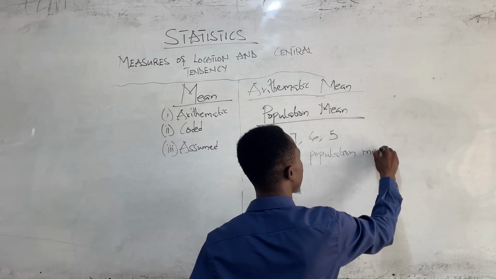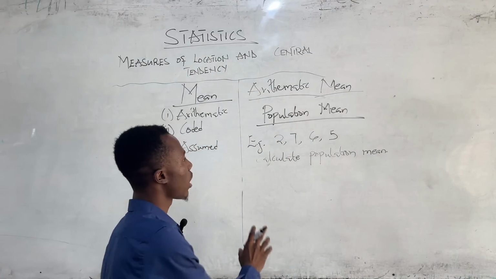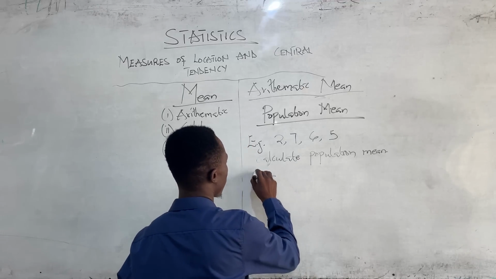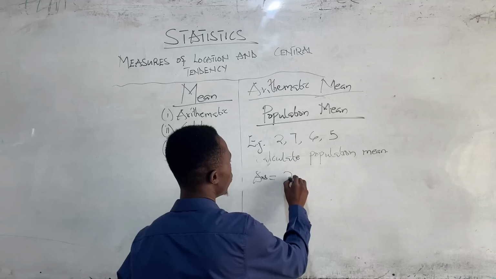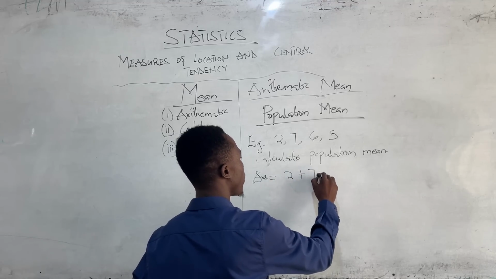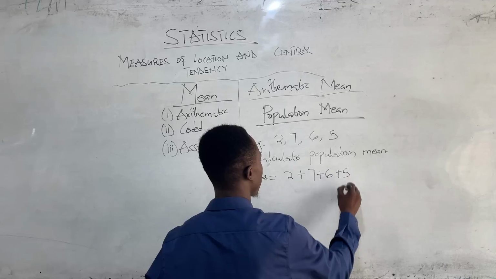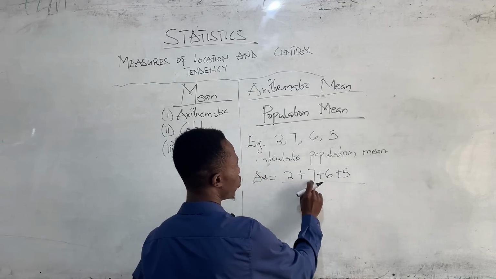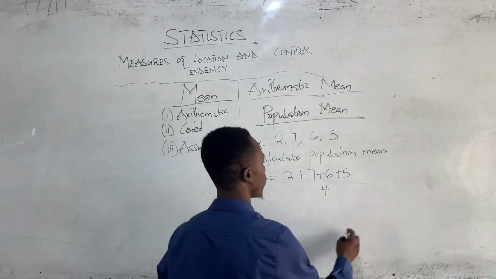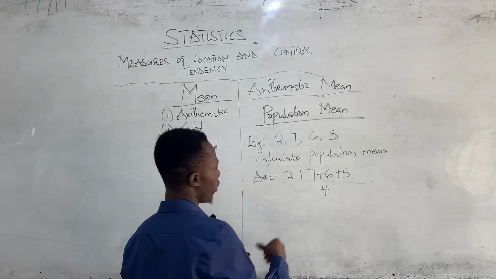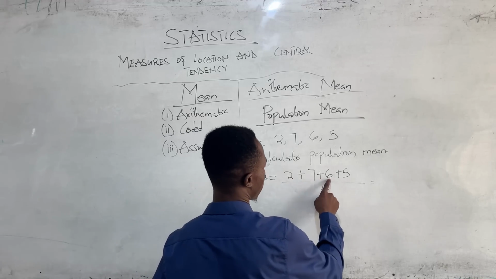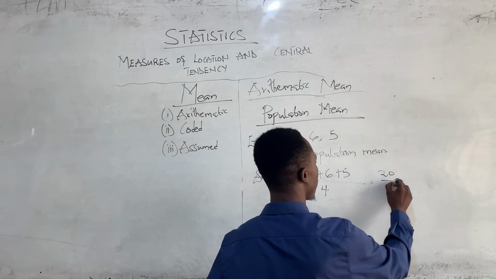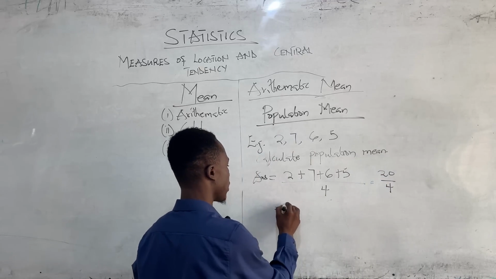If you want to calculate the population mean of this data, it is 2 plus 7 plus 6 plus 5. How many observations? That is 1, 2, 3, 4. So you divide it by 4. Adding these gives 9, plus this one gives 15, plus this one 20. So you have 20 over 4. The final answer is 5.